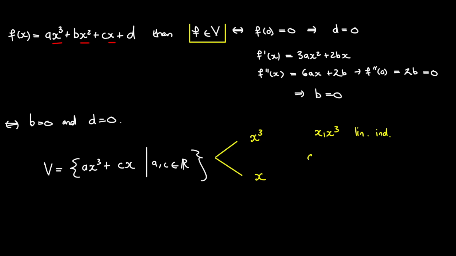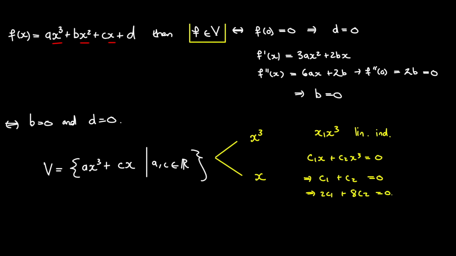If I take a general linear combination, c1 x plus c2 x cubed equal to 0, this means it's equal to 0 for any x. So I can plug in any x I like, and this will be true. If I plug in x equal to 1, I get c1 plus c2 equals 0. And now I can plug in x equal to 2 and get another equation: 2c1 plus 8c2 is equal to 0.